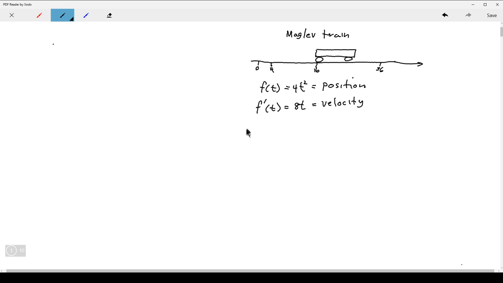All right, so if I know the position of the train at time t, I can find the velocity or the speed of the train at time t. So it would make sense logically if I knew the velocity of the train at time t, I should be able to work this backwards to figure out the position of the train at time t.